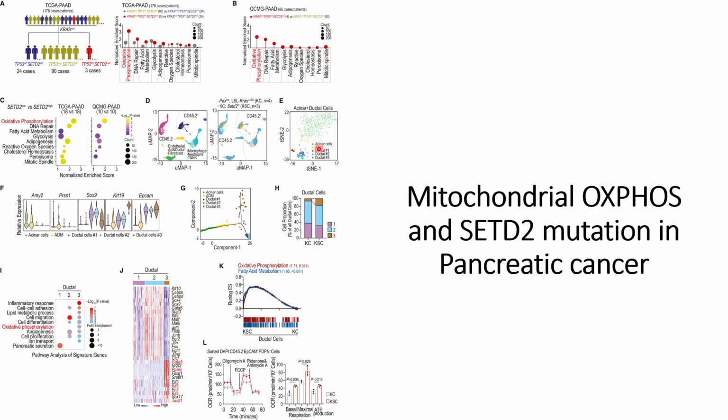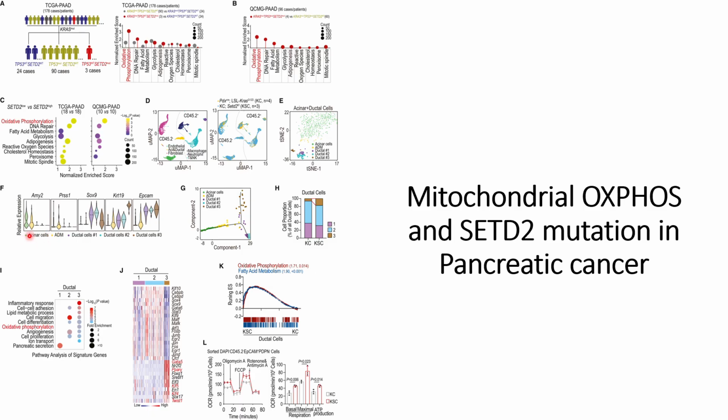ADM is acinar ductal metaplasia, the combination of both acinar cells and ductal cells. Since around 50% of the population is occupied by acinar cells and ADM, they checked the markers of those acinar cells and ADM.